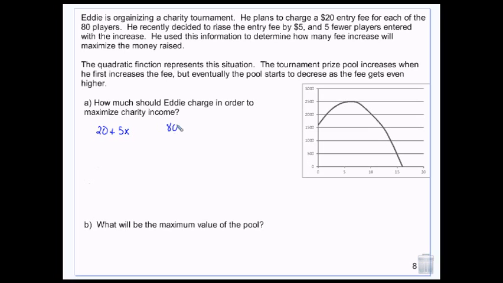And he had 80 people to start, but every time he raises it by $5, he loses 5 people. So this is how much money is bringing in, and this is how many people are coming in. Does that make sense?